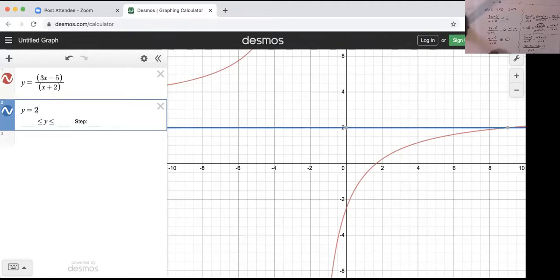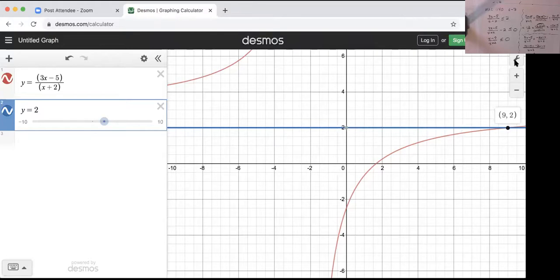And where is it less than or equal to 2? Well, certainly here, until I get to 9. But what's happening over here? Because at some point it jumps to be bigger than 2. So I think I need to adjust my window to see this a little bit better.